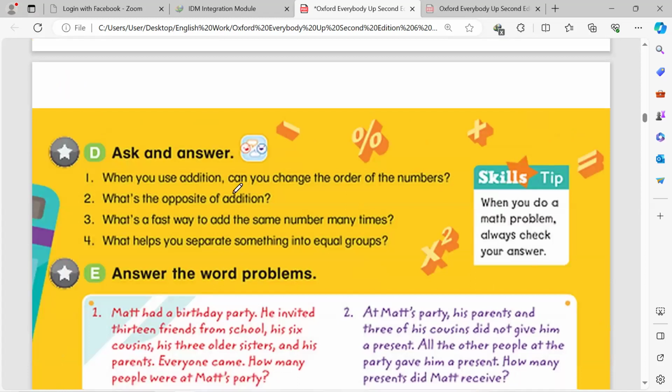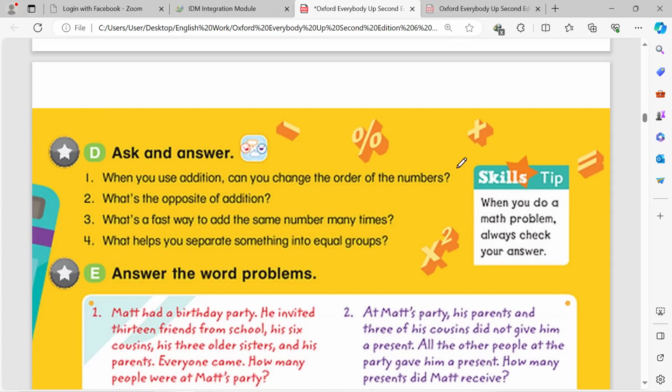When you use addition, can you change the order of the numbers? Is it true or false? Yes or no? Yes, you can change.